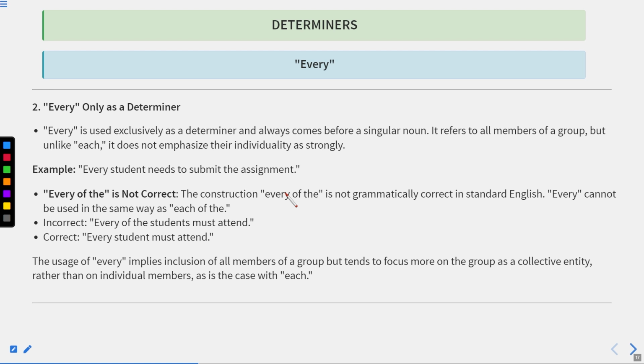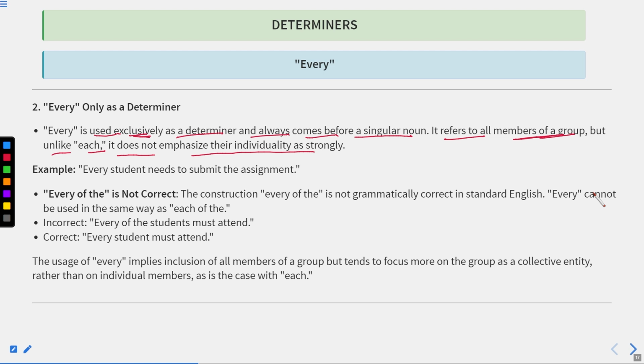But here we are talking about the individual word every, which can only be used as a determiner, not a pronoun. And just after every, we should have a singular noun. Every is used exclusively as a determiner and always comes before a singular noun. It refers to all members of a group, but unlike each, it does not emphasize their individuality as strongly.